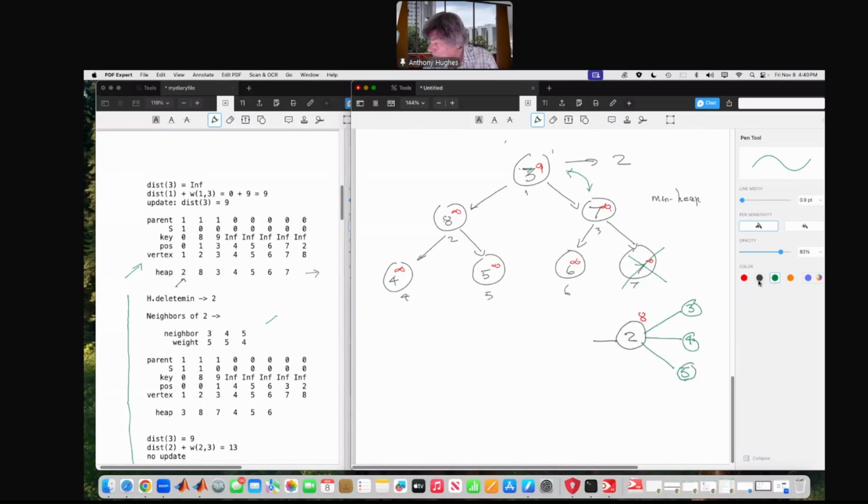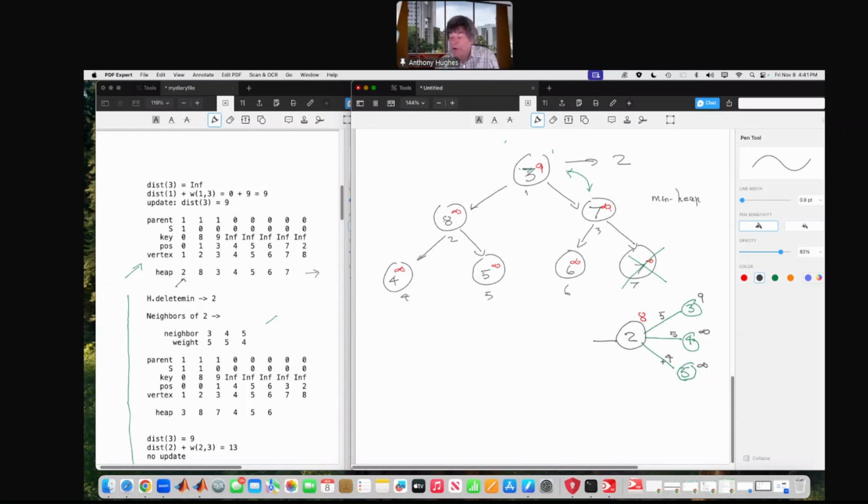And we've got 9, 4 is infinity, and 5 is infinity. And the weights: 2 to 3 is 5. Going to 4 is 5. And this one is 4.